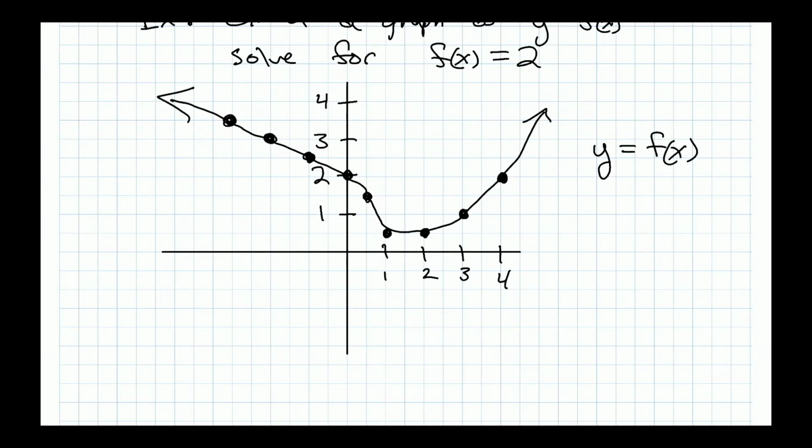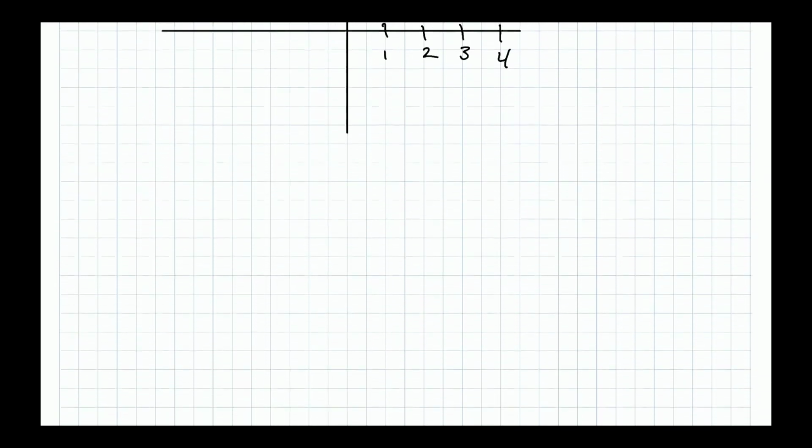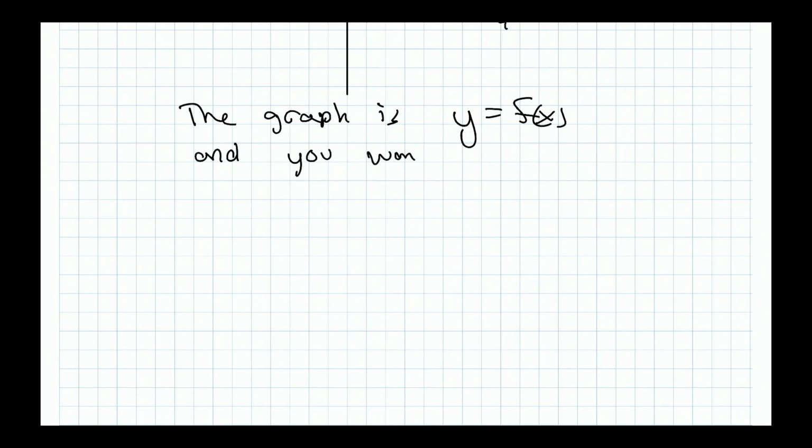Okay, and I want to solve for f of x equals 2. So when they say, so if the graph is y equals f of x, and you want f of x equals 2, I mean, think about what this is saying.